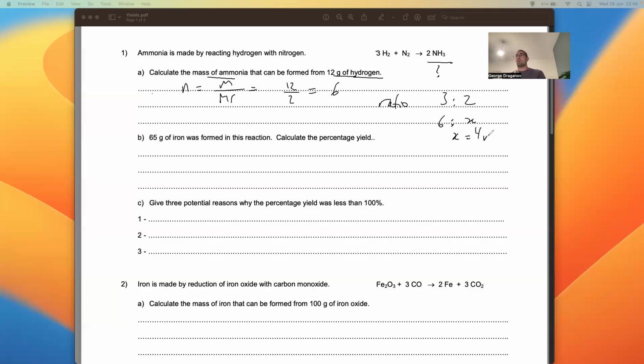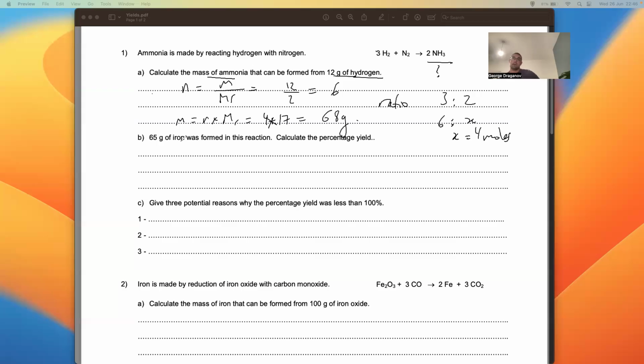So X equals 4 moles. Alternatively, you could do 3 divided by 1.5 is 2, so 6 divided by 1.5 is 4. Mass is moles times MR. The moles was 4, and this one is 14 plus 3 times 1. Do not include the 2. That was taken care of in the ratio step. When you times these two together, you get 68 grams.